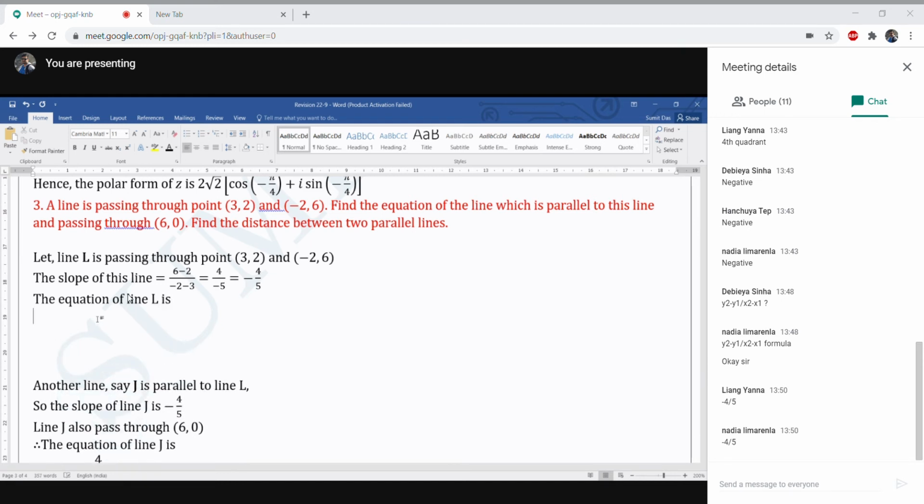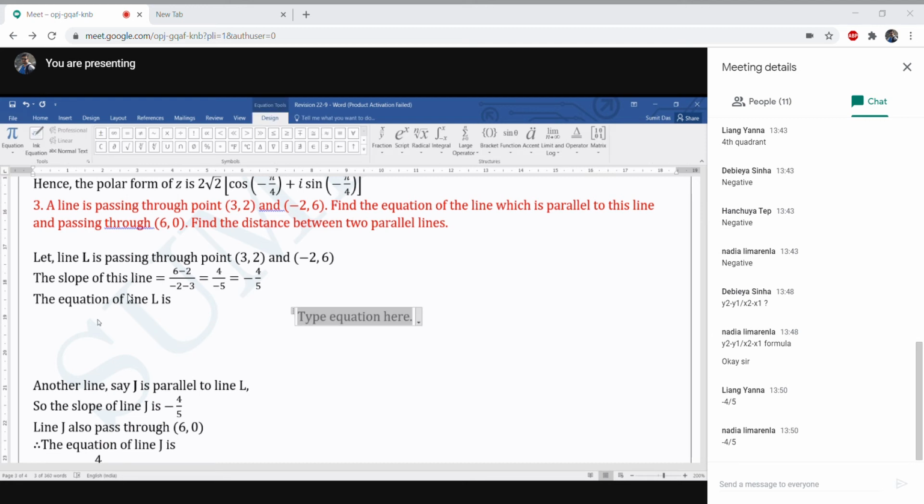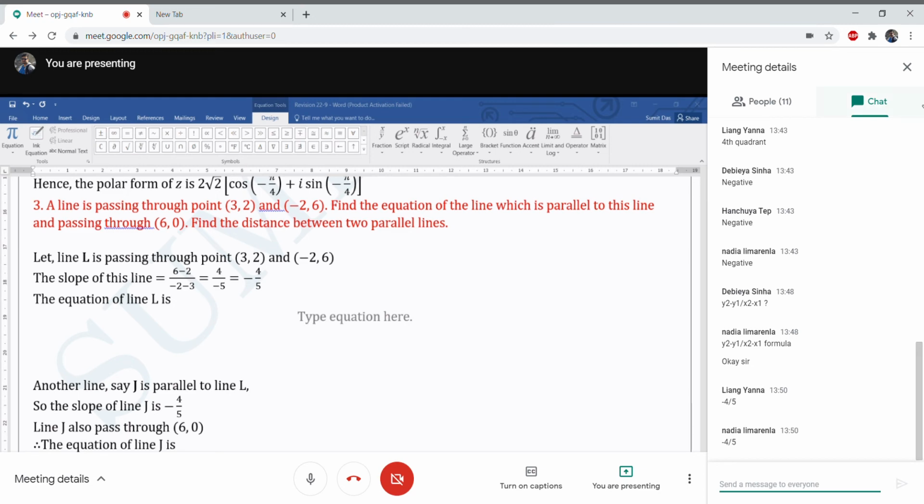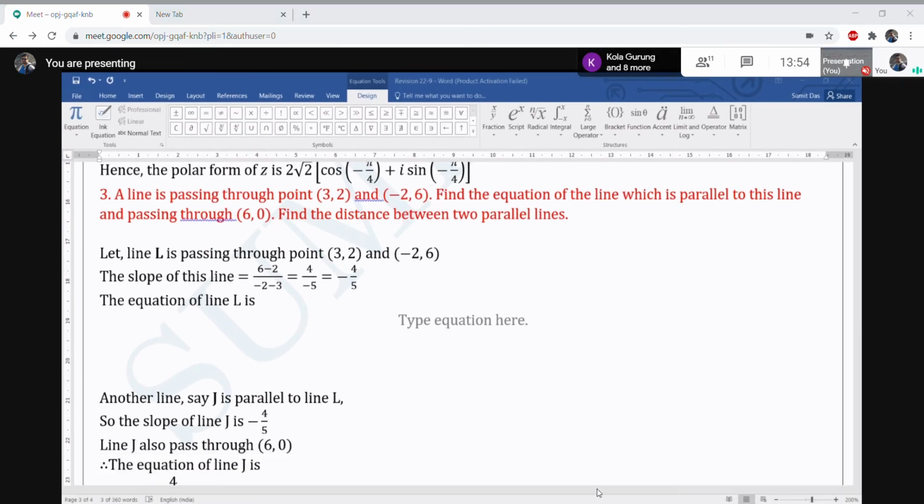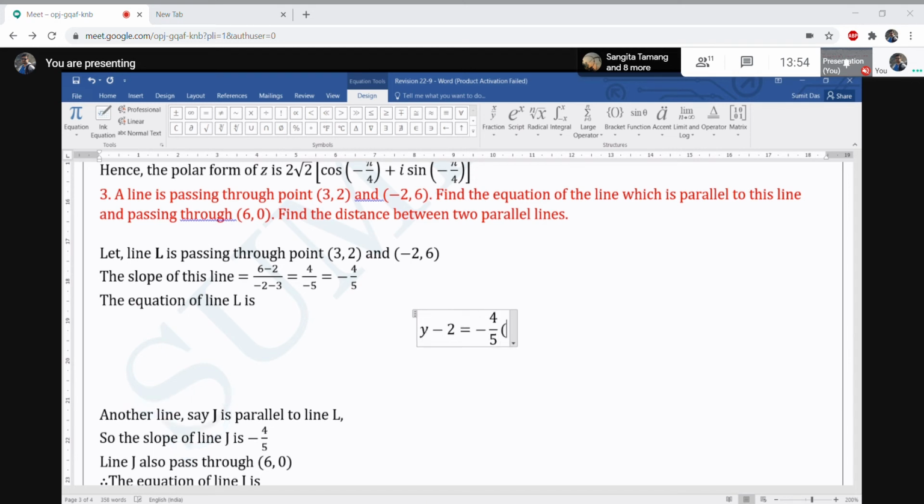The formula is y minus y1 equal to y2 minus y1 divided by x2 minus x1 into x minus x1, the two-point form. Or, since we already got the slope, we can use the point-slope form, which may be easier. Y minus, taking the point with 3, y minus this one equal to minus 4 by 5 times x minus 3.